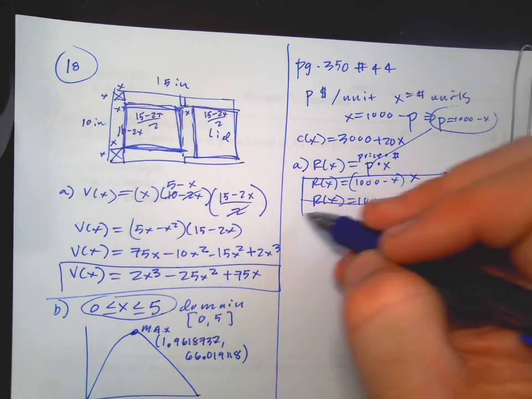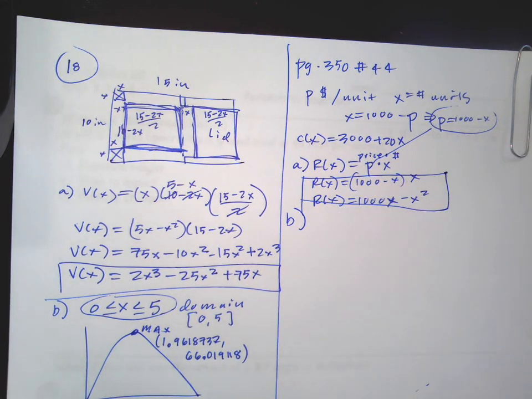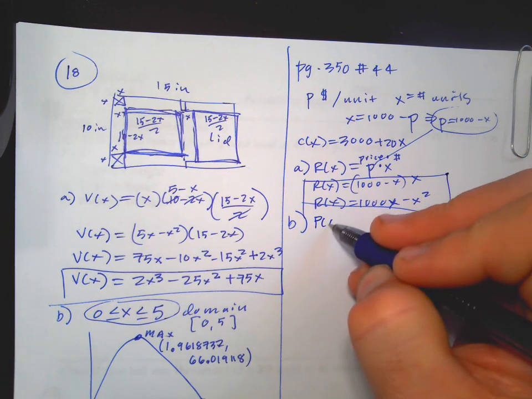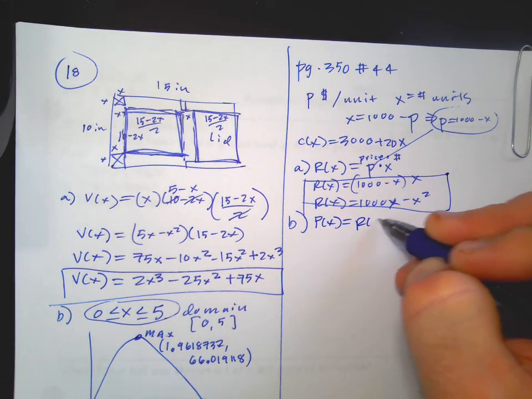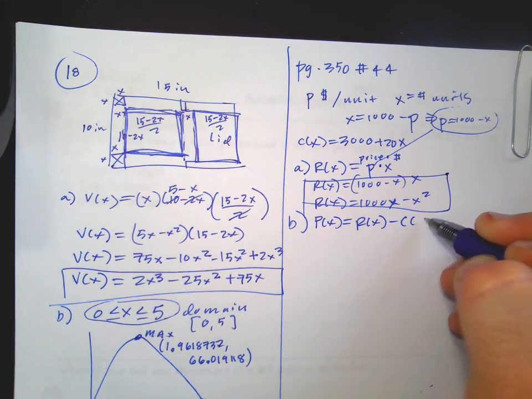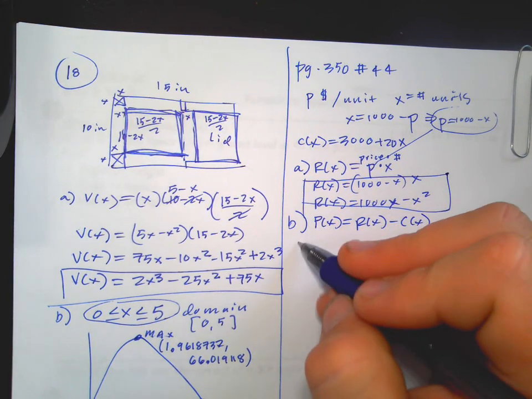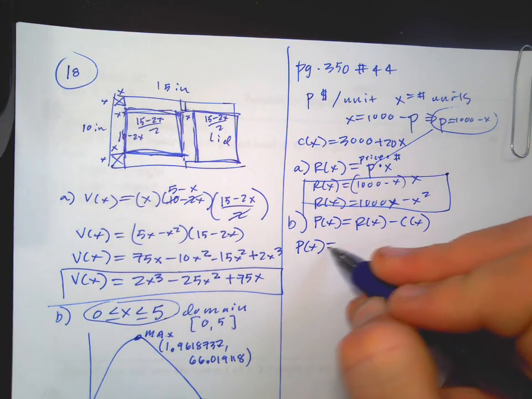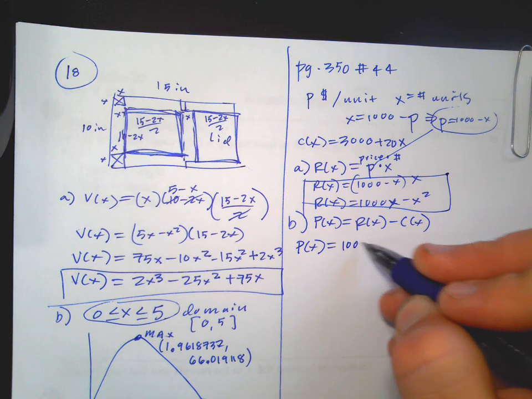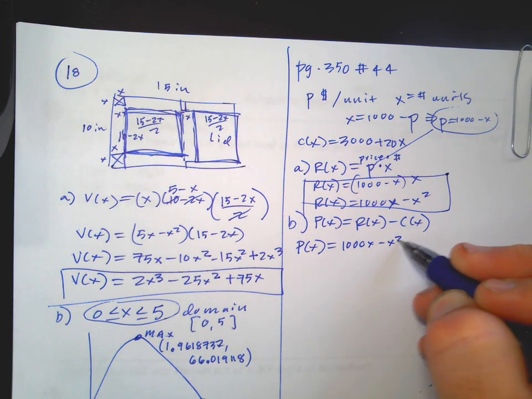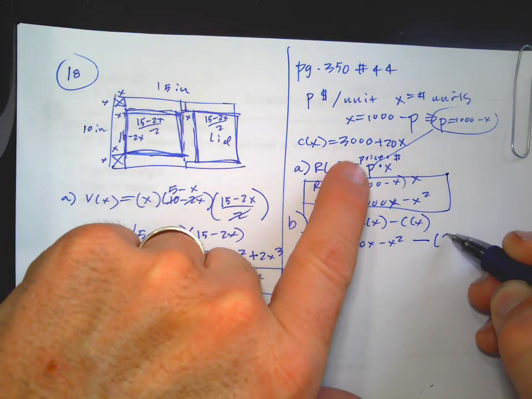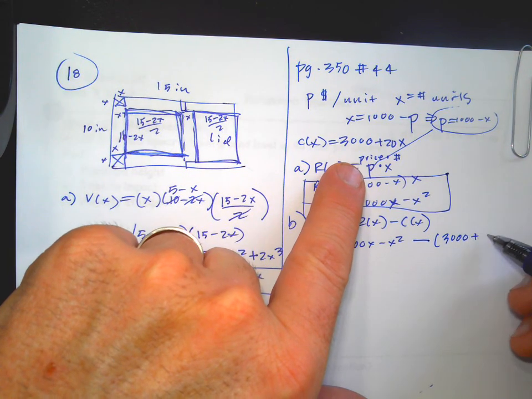That's A. B says find the profit function. Well, profit function is revenue minus cost. We just got revenue: 1,000X minus X squared. And cost, they gave us earlier, was 3,000 plus 20X.